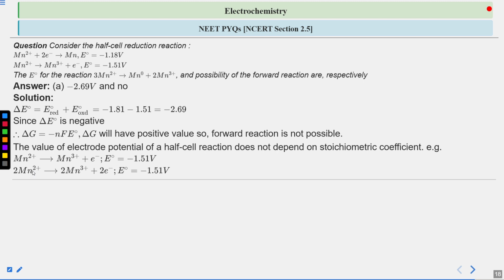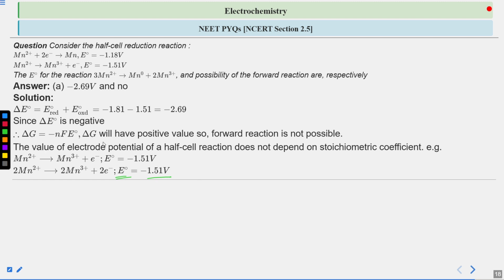And if you take twice Mn2 positive giving twice Mn3 positive plus twice the electron, the E naught will remain the same. So the stoichiometric coefficient does not affect the E naught value for the particular half cell.